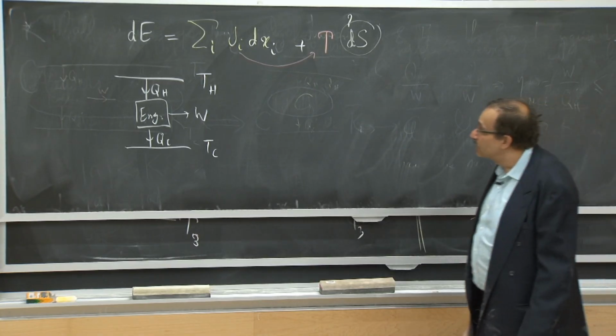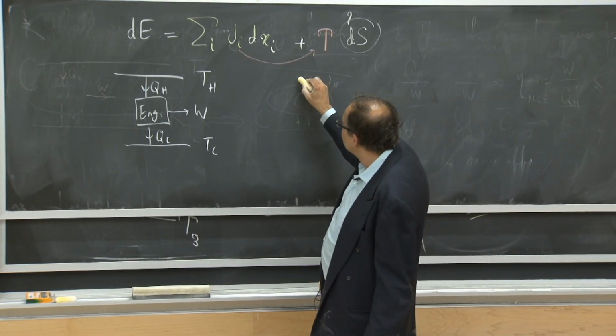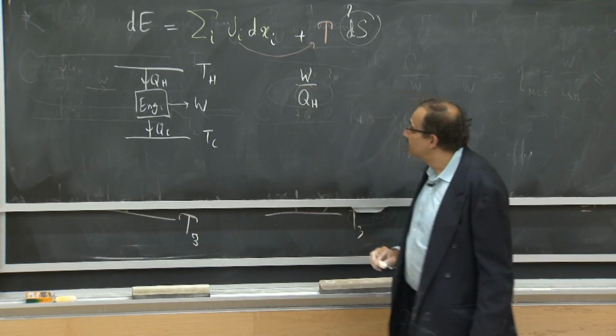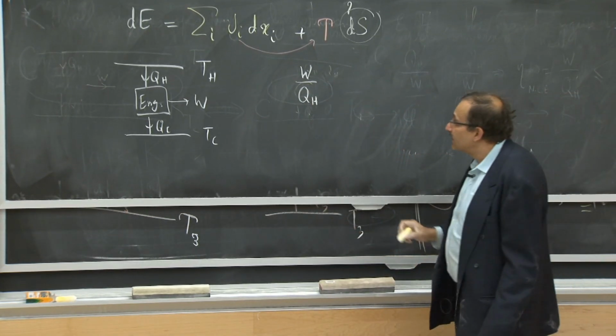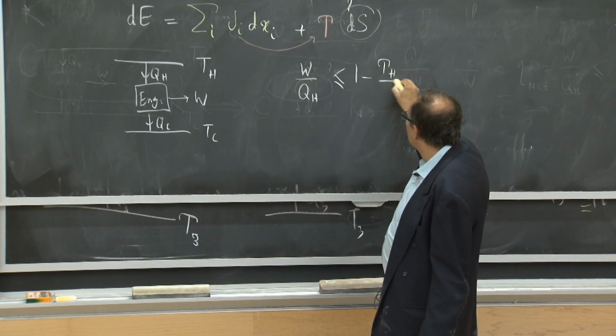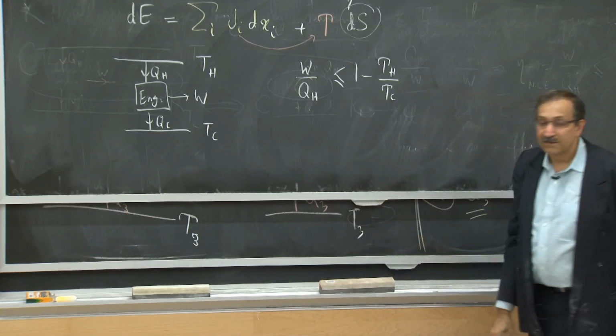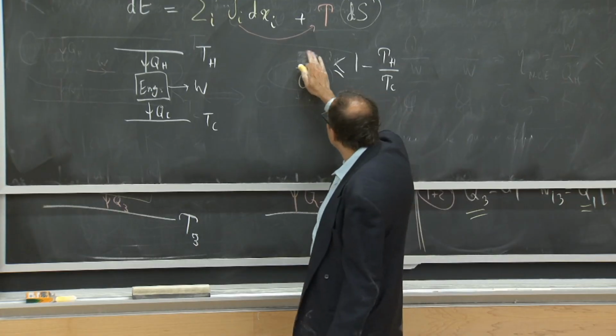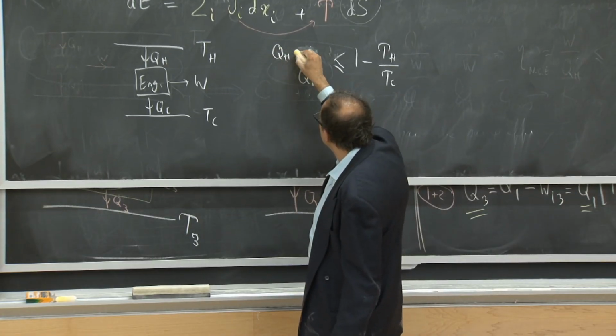Now I know that W over QH is less than or equal to 1 minus TC over TH. Right? And W is really the same thing as QH minus QC.